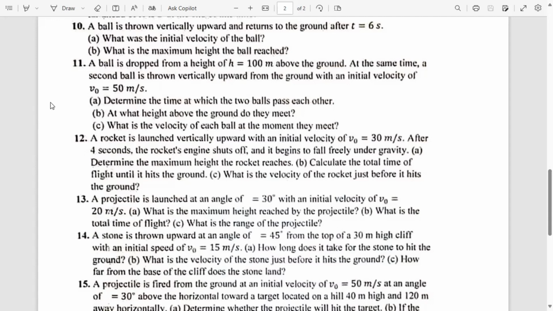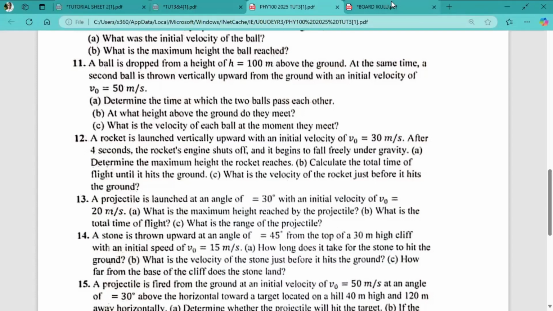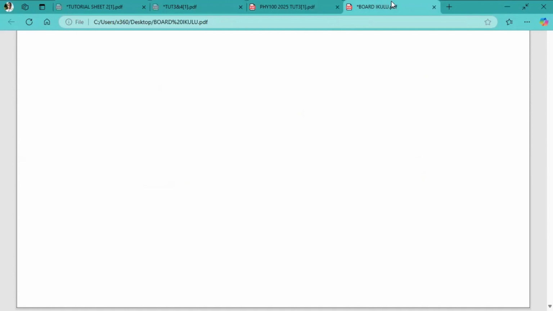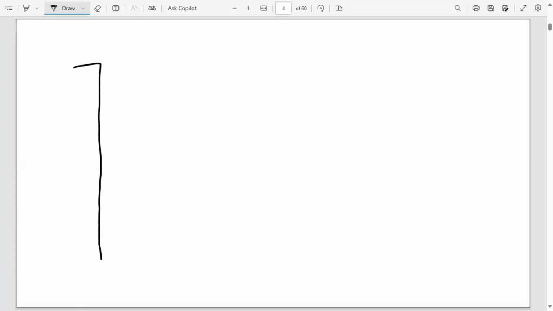Okay, so this is what we have. We've only been given two things here. So this is what we have on question 11. Let's say we have a height of 100 meters to the ground like that.